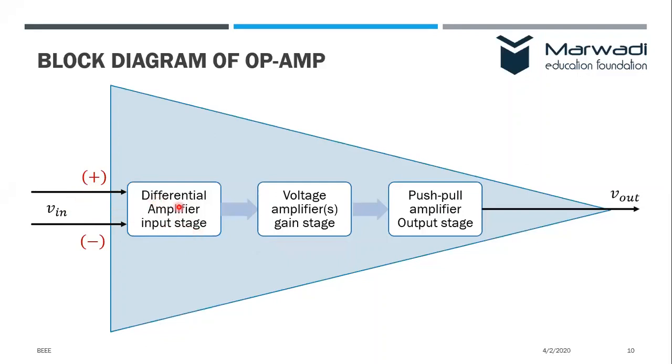Why is it called a differential amplifier? Because the difference of the input is amplified, right? Now the output of the differential amplifier input stage is given to the voltage amplifier gain stage. This is another amplifier which is used for amplification, right?